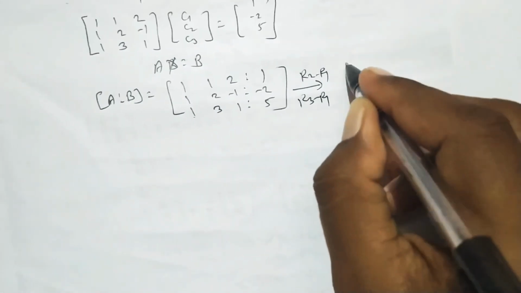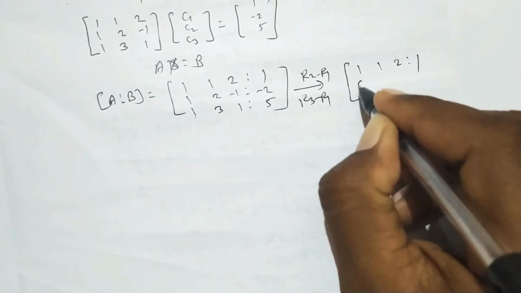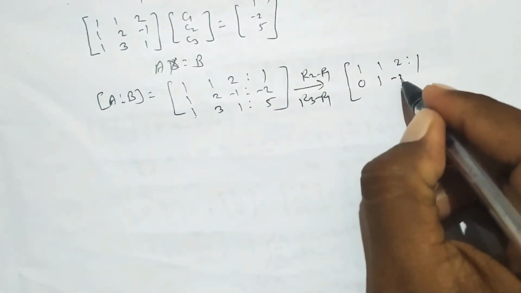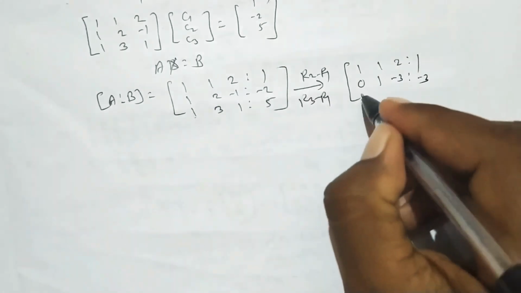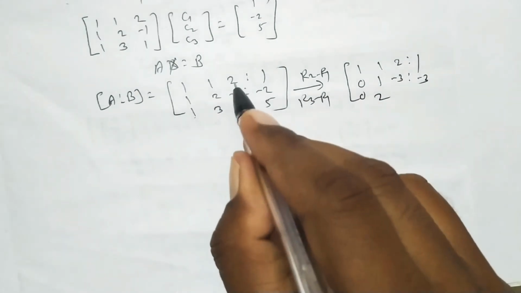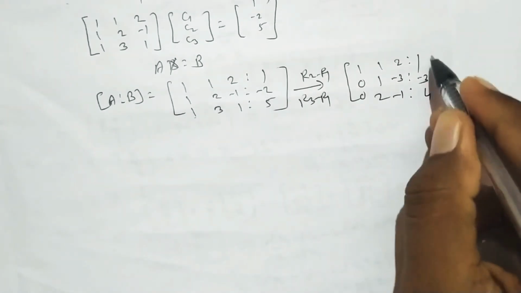If we use these operations, then R1 as it is: 1, 1, 2, 1. Then 1 minus 1 is 0, 2 minus 1 is 1, minus 1 minus 2 is minus 3, minus 2 minus 1 is minus 3. Then 1 minus 1 is 0, 3 minus 1 is 2, 1 minus 2 is minus 1, and 5 minus 1 is 4.